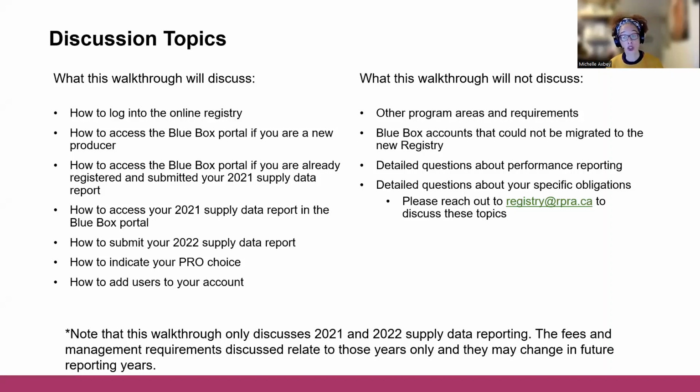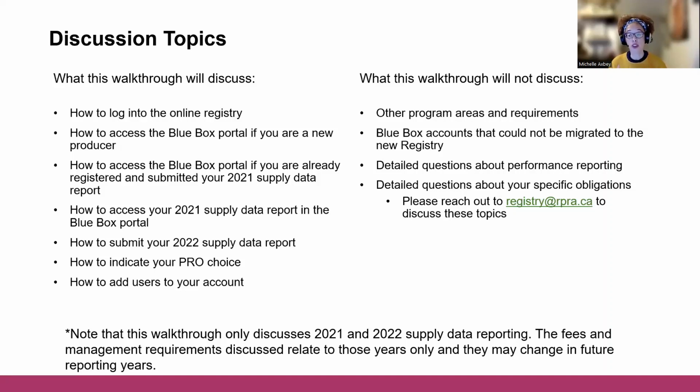What we are not going to talk about in this is other program areas and their specific requirements. We're not going to talk about Blue Box accounts that couldn't be migrated during this cycle. Just very briefly, there's a very small subset of all the producers that have registered with RPRA that for technical reasons could not be migrated into the portal.